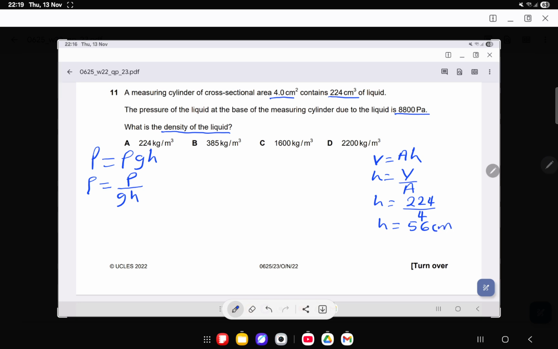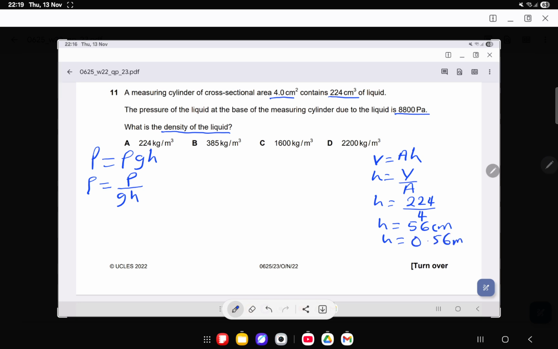But if you check the unit of the answer that we are expecting, you can see that they are all in terms of meter cube, which means that the height we are going to use in our calculation must also be in meters. So always keep note of the correct unit to use. Very, very important.